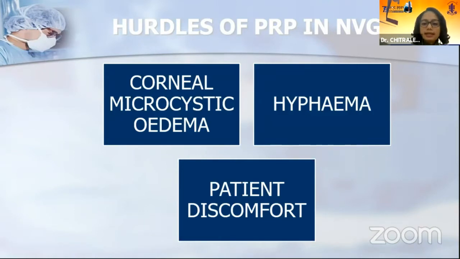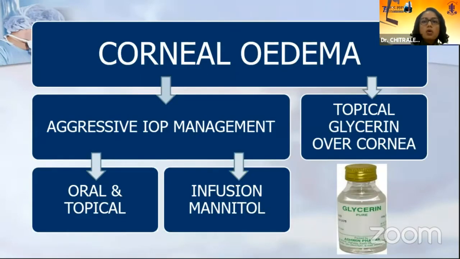So we need to tackle all of them separately. Corneal edema can be managed by aggressive IOP management, both by oral and topical therapy, or sometimes infusion of mannitol. In certain situations, topical application of glycerine over the edematous cornea has a hygroscopic action and gives us a clear cornea for us to at least do the laser PRP, even though it is a temporary effect of the glycerine.